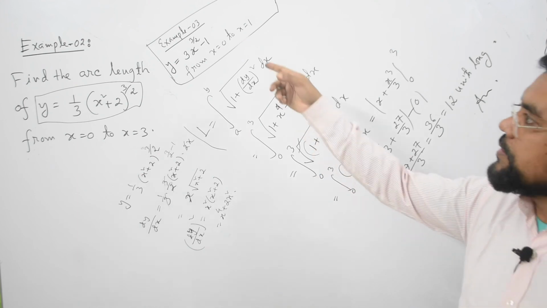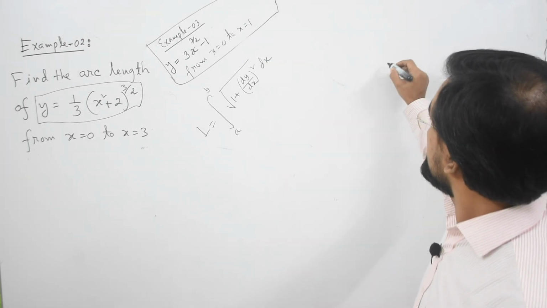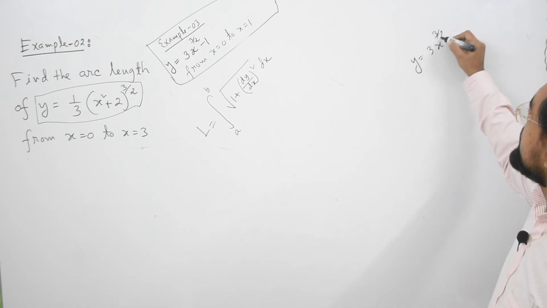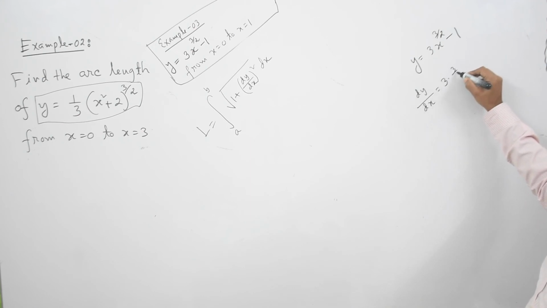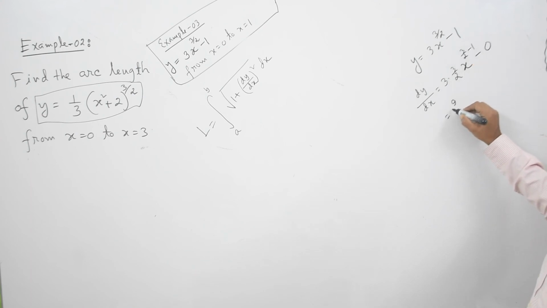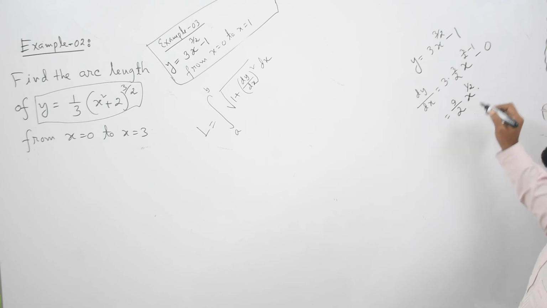Now let's try example 3, and we are given y equal 3x to the power 3 by 2 minus 1. Therefore the derivative of y with respect to x is 3 by 2 times 3 x to the power 3 by 2 minus 1 minus 0. This equals 9 by 2 x to the power 1/2.